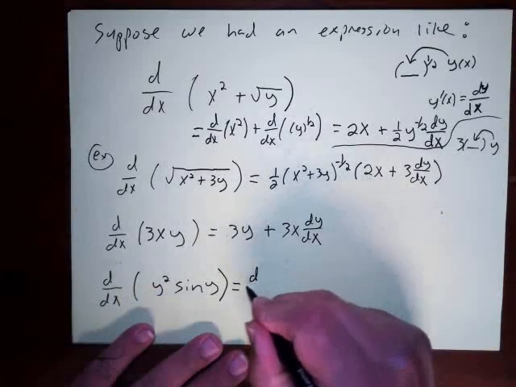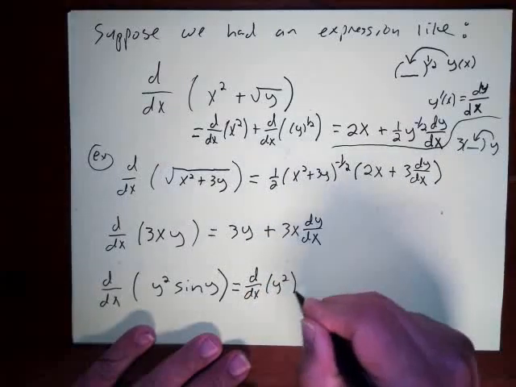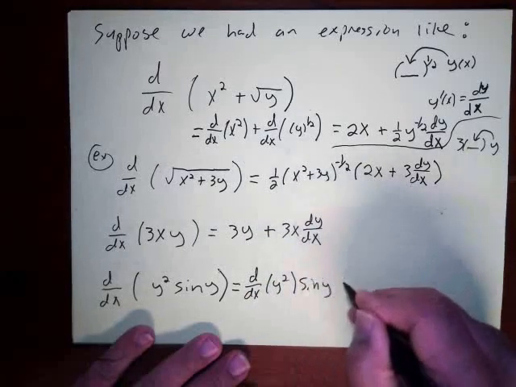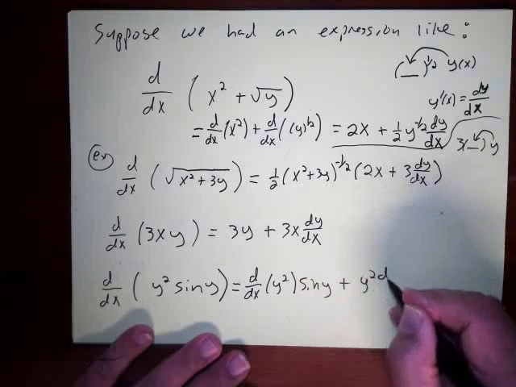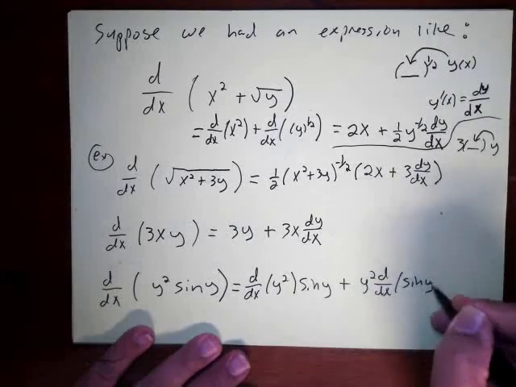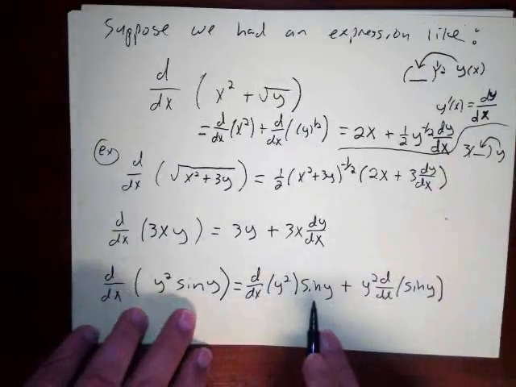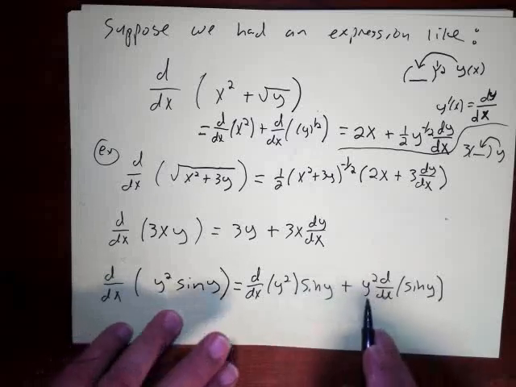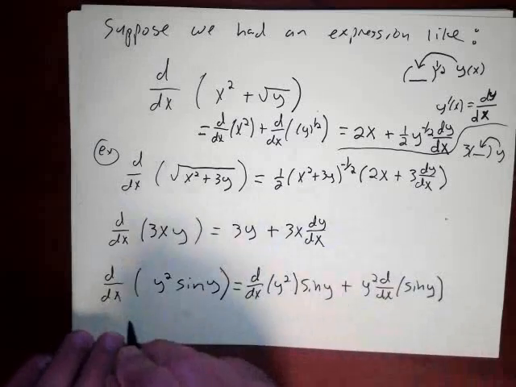The product rule would be d/dx of y squared times sine of y, plus y squared times d/dx of sine of y. This would be the product rule: the derivative of the first function times the second function, plus the first function times the derivative of the second function.